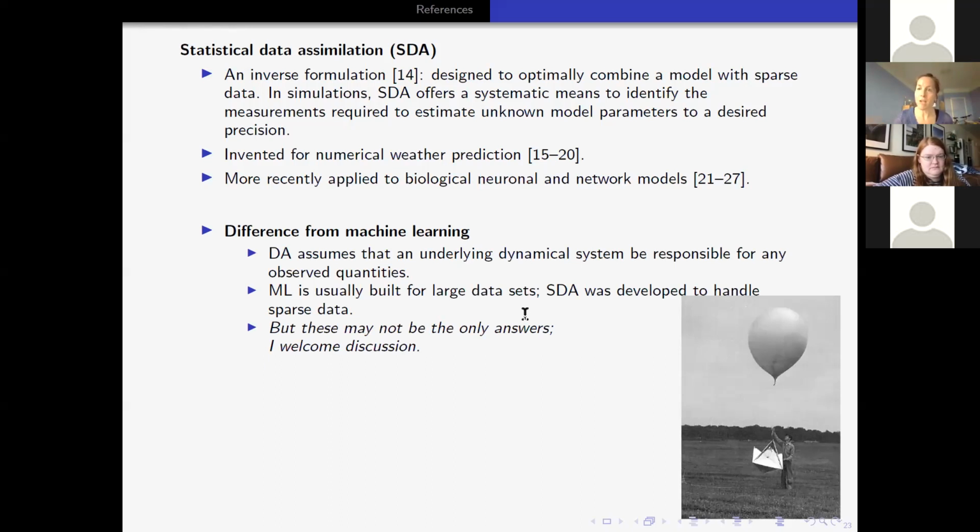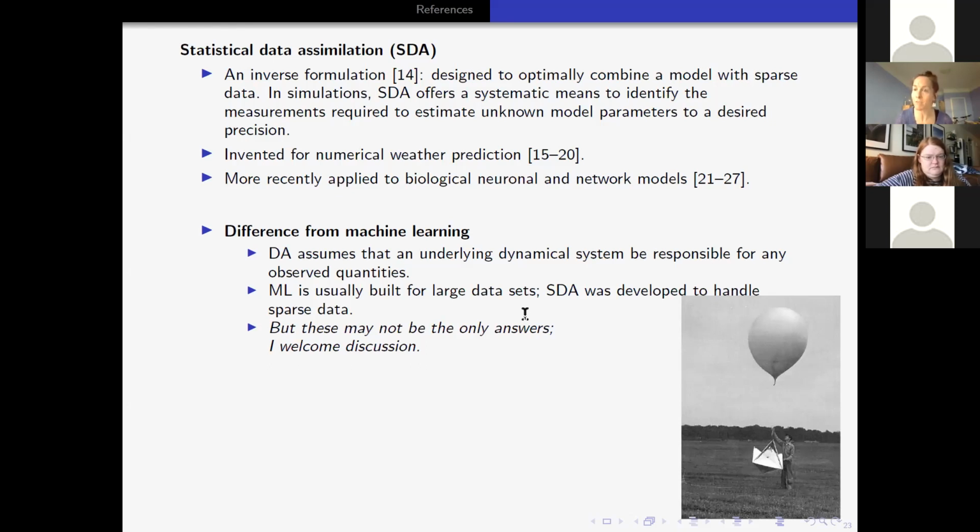Two key differences, and I'm open to anybody else highlighting others that I haven't thought of. One is that with data assimilation, you're assuming that any measurements you make, any observations you make, are due to some sort of underlying dynamical physical model that you can model. With machine learning, that's not always the case.